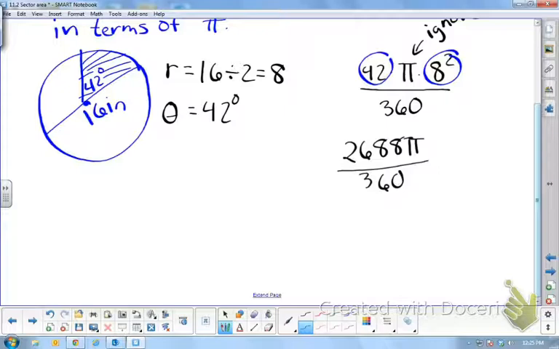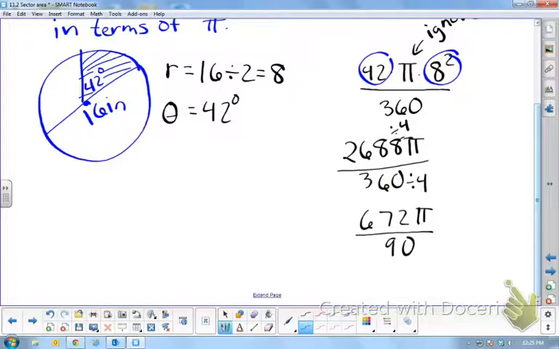So I'm going to try 4 and see if maybe 4 works. So I'm going to do 2,688 divided by 4 and 360 divided by 4. Neither of those came out as decimals, so if we divide by 4, we get 672 pi over 90.